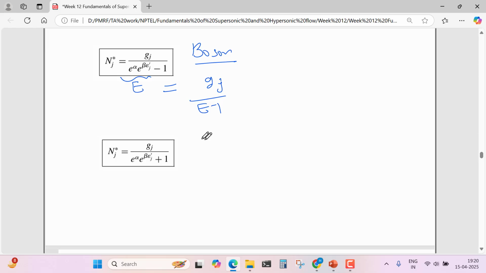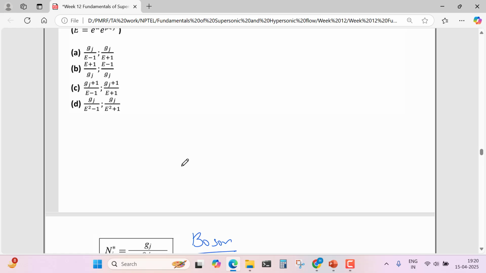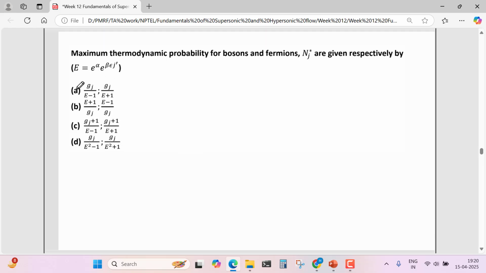Similarly, for fermions, this value is given by Gj upon e to the power alpha e to the power beta epsilon j dash plus 1, which is nothing but E, so it is given by Gj upon E plus 1. So which option will be correct? It will be option A, Gj upon E minus 1 for bosons and Gj upon E plus 1 for fermions.